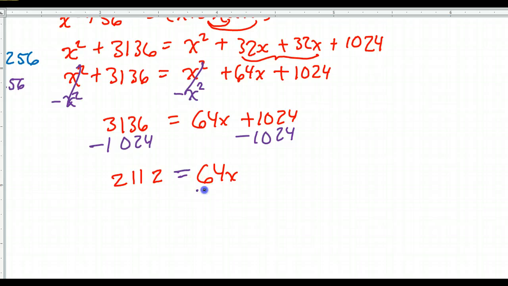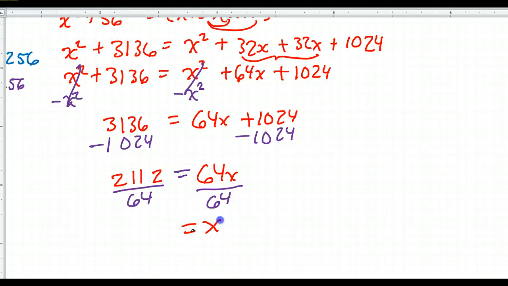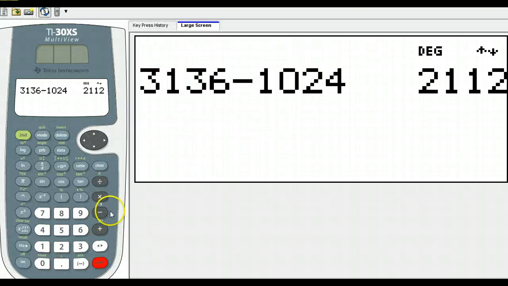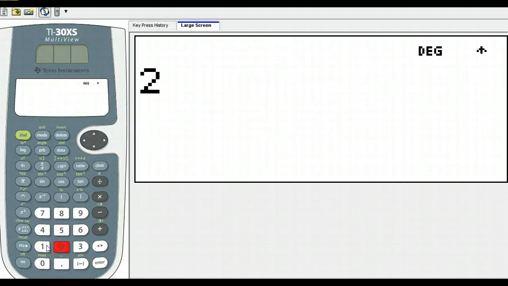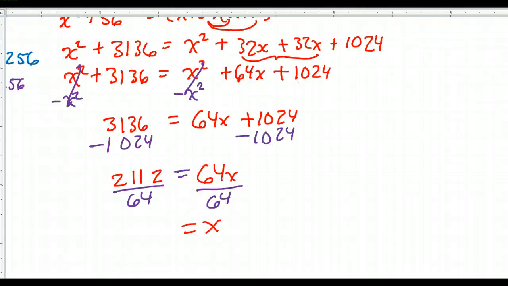Alright, and then it's time to divide both sides by 64. Alright, 2,112 divided by 64. 33. So x equals 33.